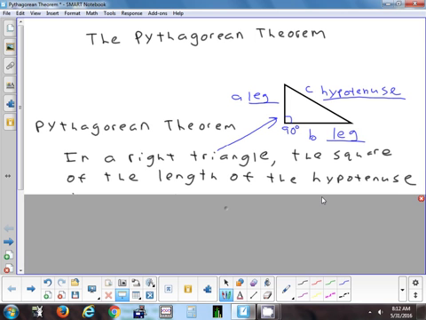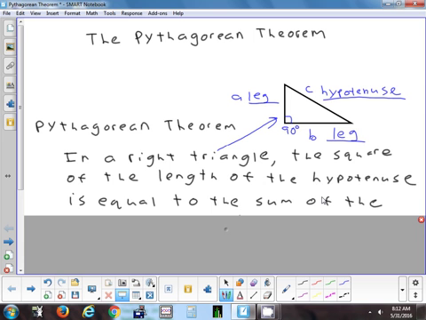All right, so now that we have those names, I'm going to describe the formula to you. It says in a right triangle, the square of the length of the hypotenuse. Okay, so the Pythagorean theorem has to do with lengths. We're measuring how long the sides are. The square of the length of the hypotenuse is equal to something.